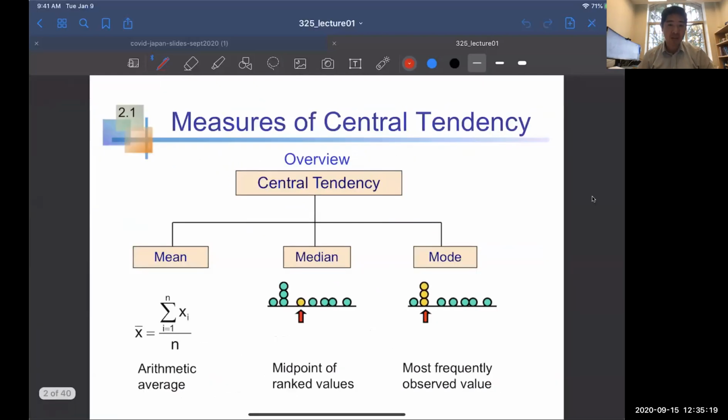First we want to talk about measures of central tendency. Given the data we get, we try to summarize the data somehow. Data sometimes contains many observations, millions of observations in a very big data set. If you think about data sets created on the web, literally there are millions of observations sometimes.